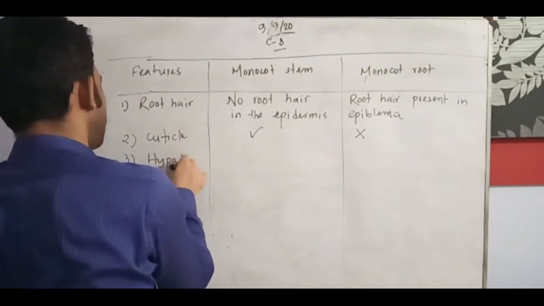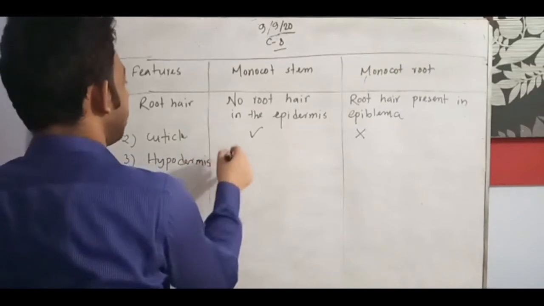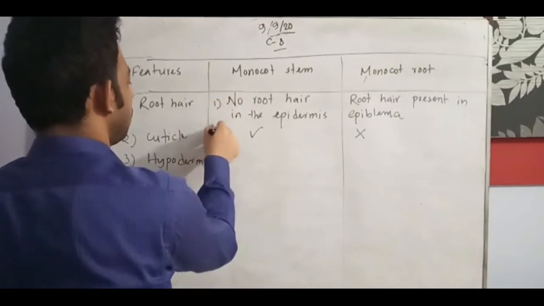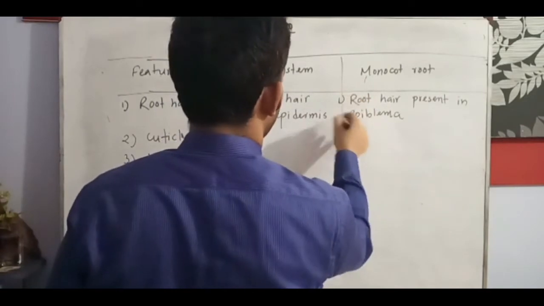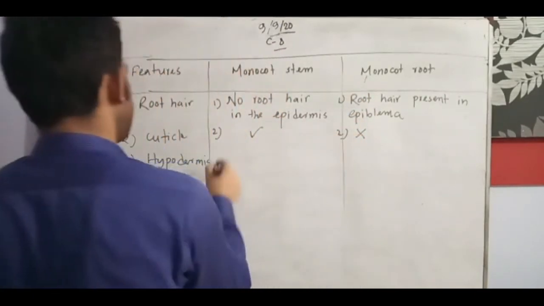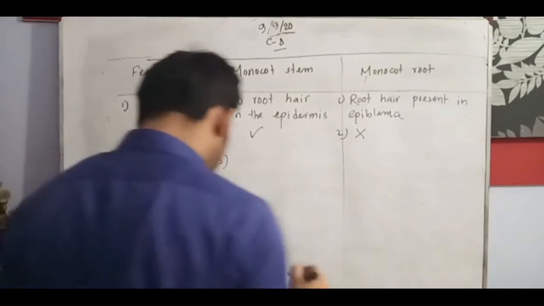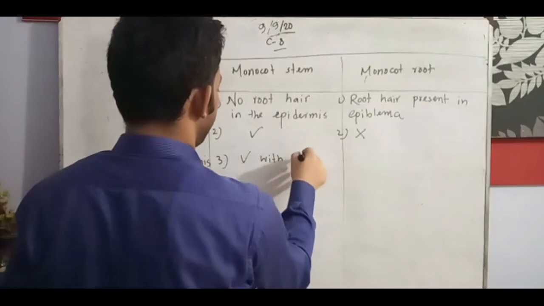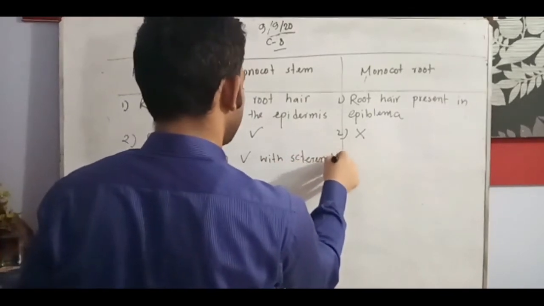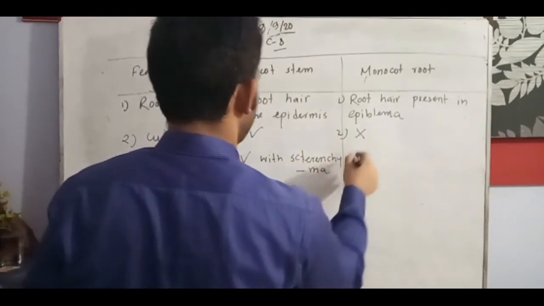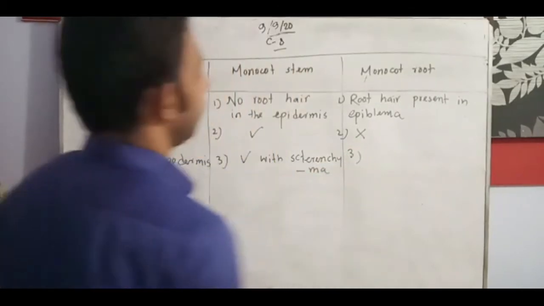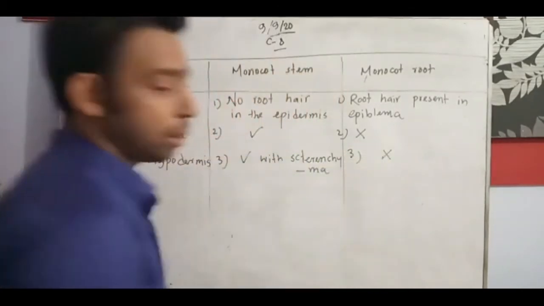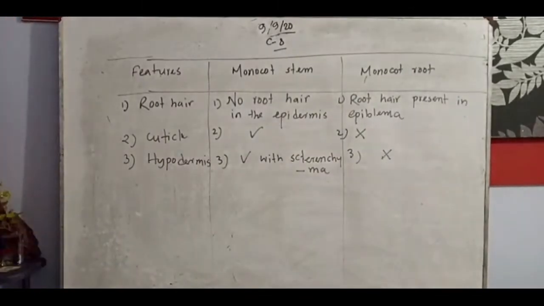In the case of the monocot stem, it is of course present with sclerenchyma. And in the monocot root, there is no hypodermis. These are the prominent features for distinguishing, and knowing the difference between them is important.